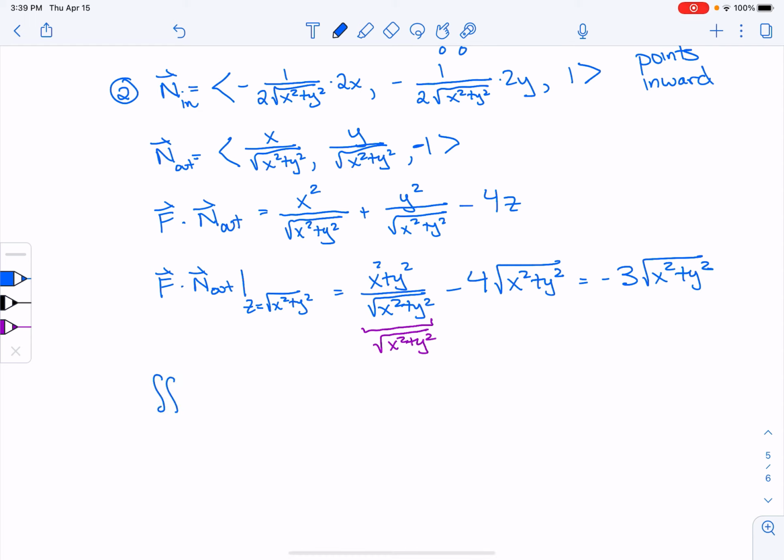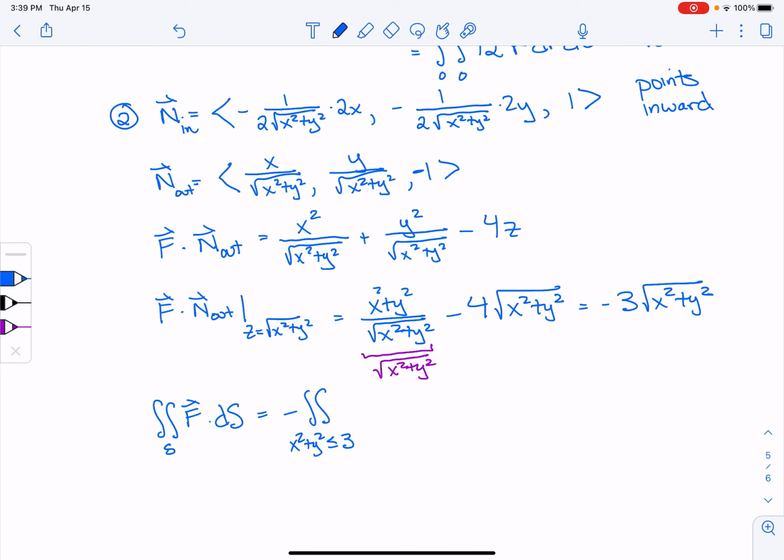Okay, so we have the integral of f dot dS to give us the flux. That's going to be minus the double integral, again over that circular region, x squared plus y squared is less than or equal to 3, of 3 times the square root of x squared plus y squared dx dy.